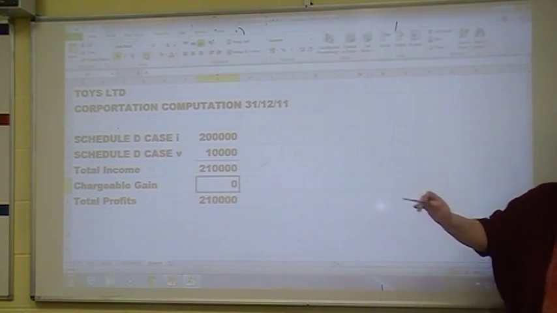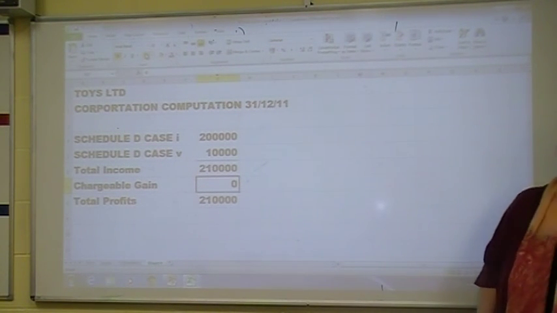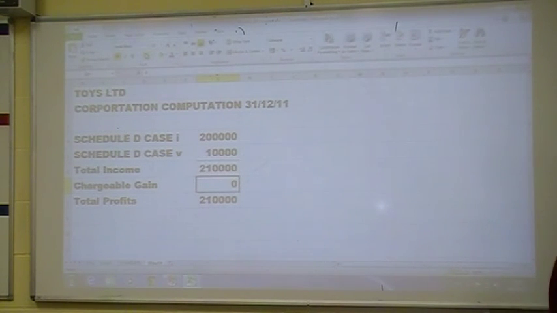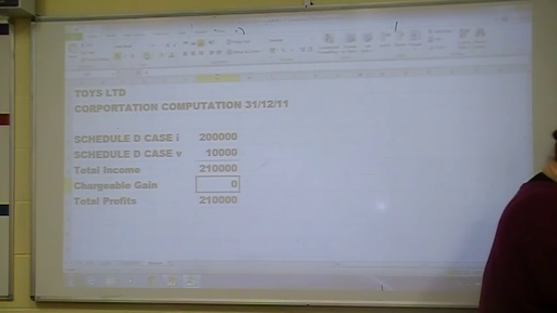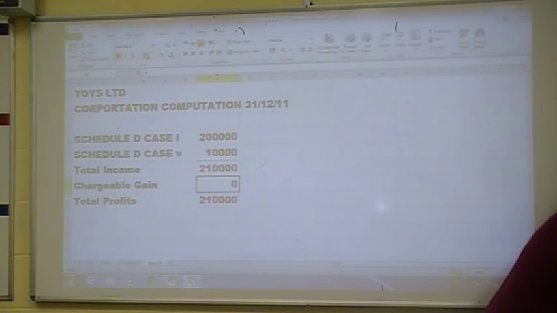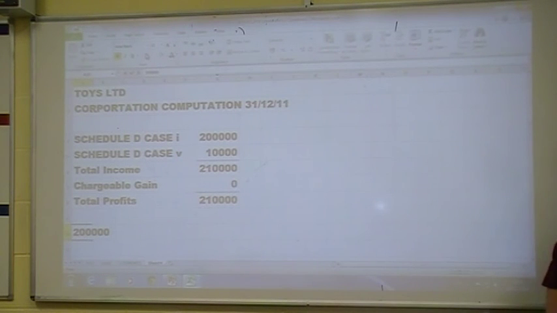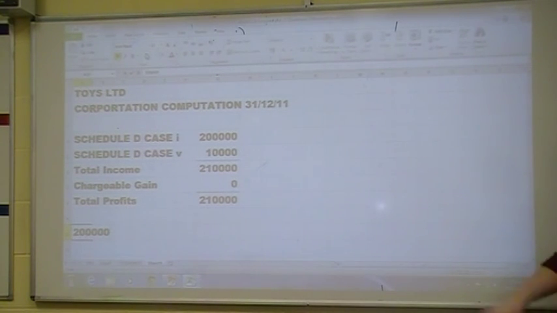So I just do total income 210,000, chargeable gain 0, total profits 210,000. Chargeable gain is always added on to give total profits. So bring in all your schedules, case 1, 2, 3, 4, 5, and then you're giving your total income and your chargeable gain.